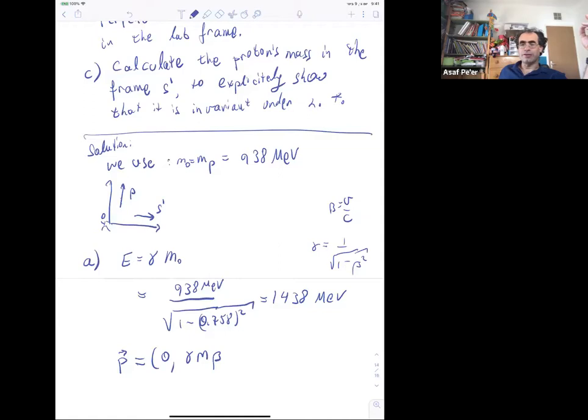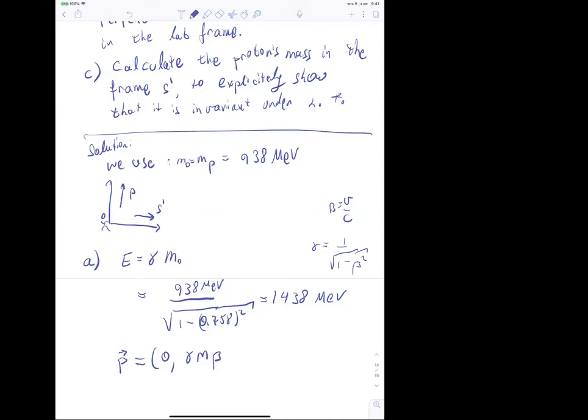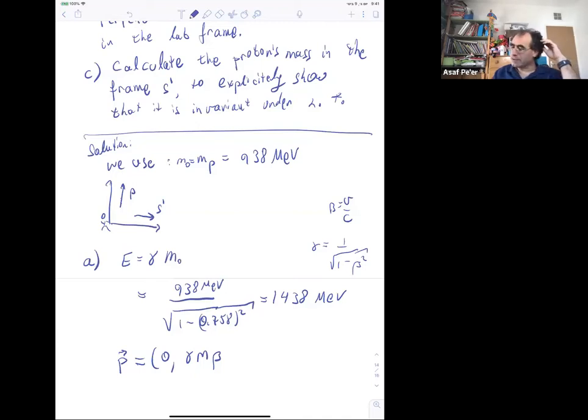What is the momentum in the z direction? Zero, since the proton is moving in the y direction, as we plotted here.